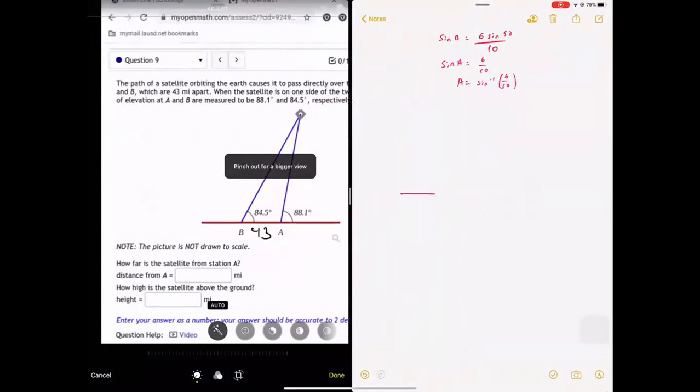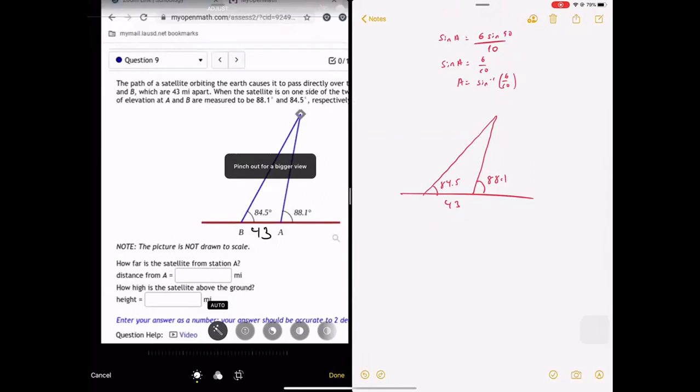So drawing this out, 88.1 and 84.5. We know this is 43. Right now, looking at this triangle, how many bits of information do we know? 2 or 3? 3. Trick question? Only 2.